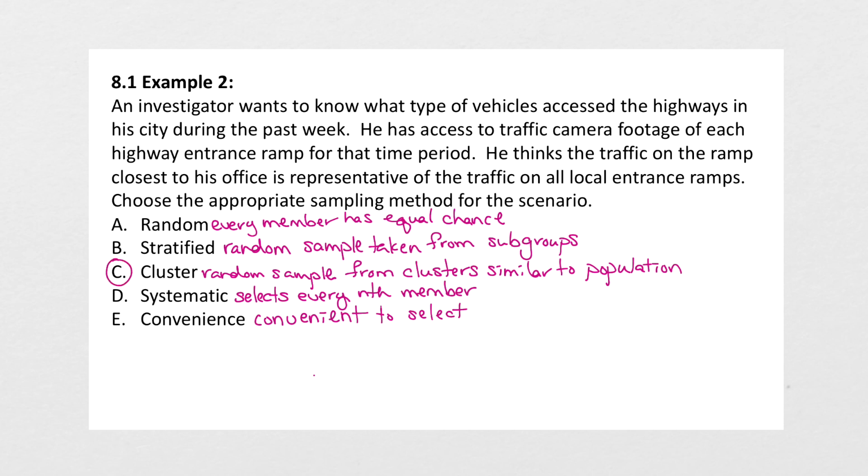Choose ramps that are similar to the population. Okay? And that may not be just the one closest to his office. That might be one that he selects, but he should select more than one of these ramp cameras. And that's it for section 1.